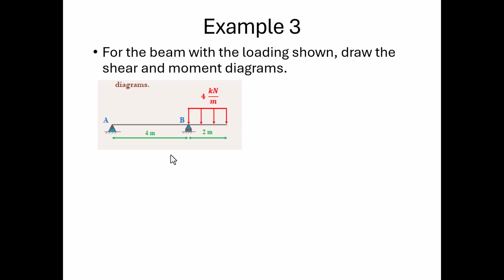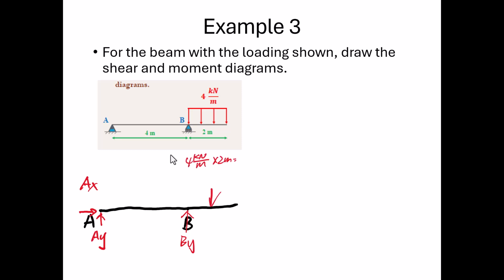Here's A, here's B. We have BY, we have AX, we have AY, and here is 8 kilonewton. The distances: this is 4, this is 1, and this is also 1.